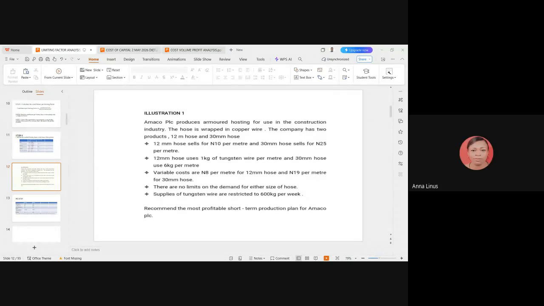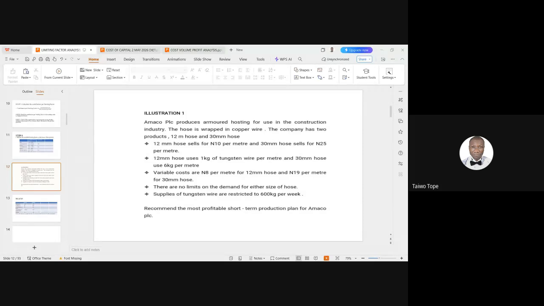The selling price minus variable cost. So the selling price for 12 mm hose is what? 10 naira. And the variable cost is what? 8 naira. So 10 minus 8 will give you what? 2 naira. That 2 naira is the contribution for 12 mm hose.